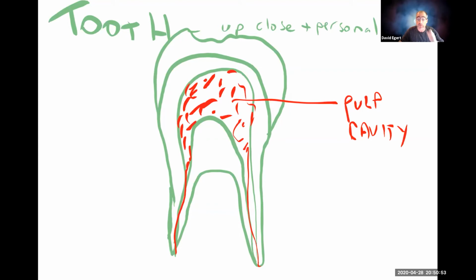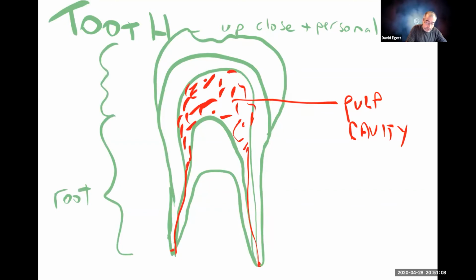It's kind of hollow and has little pores coming out the bottom, so the blood and nerves can connect up into there. The bottom part is called the root. The top part is called the crown. Most of the tooth is made of a substance called dentin.